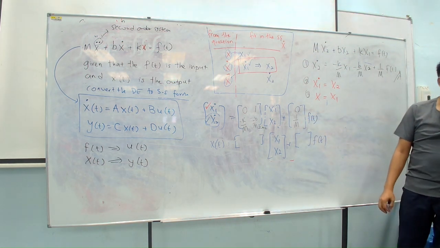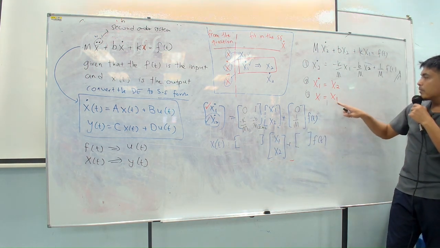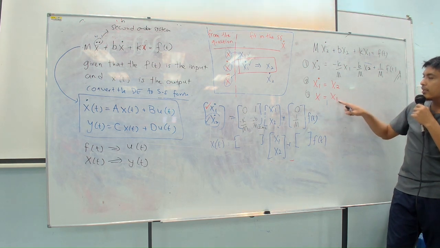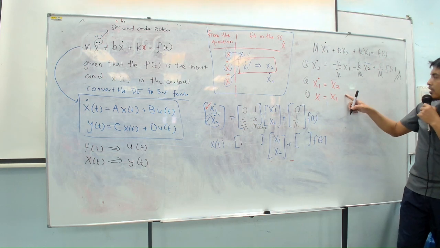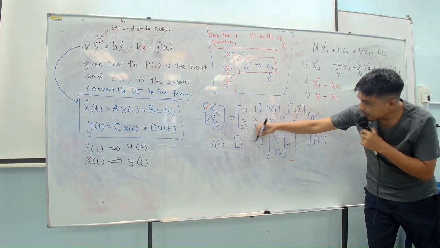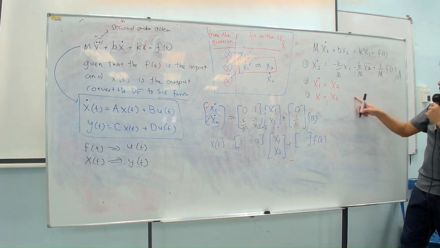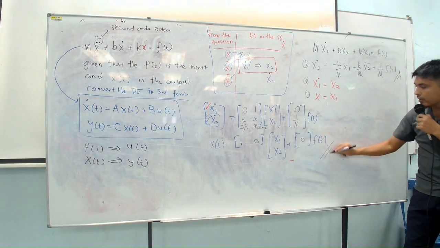Similar with the output. You look at output. The parameter that multiplies with the x1 is 1. The parameter that multiplies with the x2, the parameter that multiplies with the ft. So this is the answer.